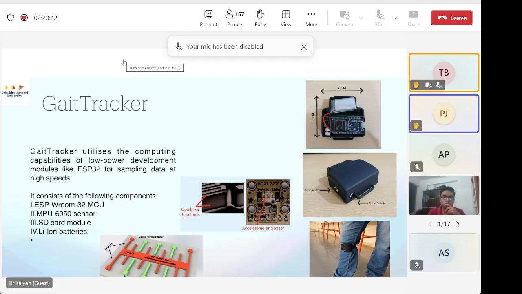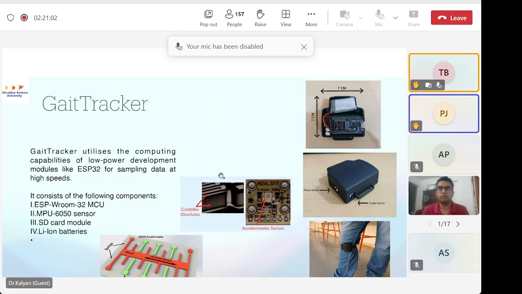So I'm going to talk about these development boards over here. The ESP32, which you can see over here, is somewhat different from your conventional mobile phone or your computer. This is a mini computer, sort of.